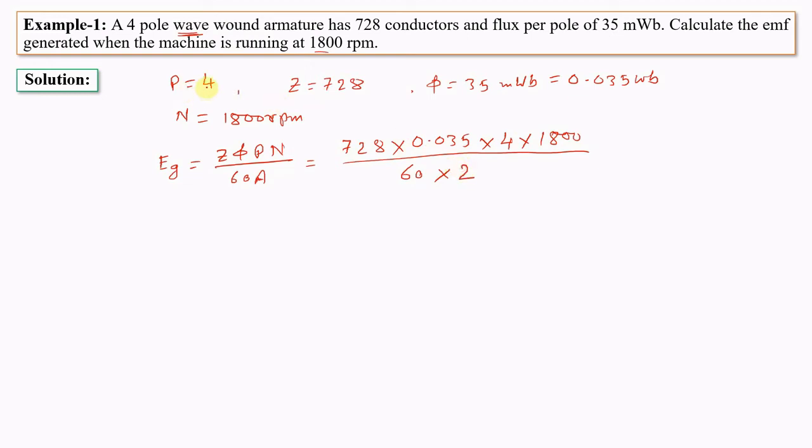Although the pole is 4, as the connection is wave connection, the value of A will be equal to 2. So after solving all these parameters, we will get the induced EMF as 1528.8 volts. So this is the generated EMF of the machine.